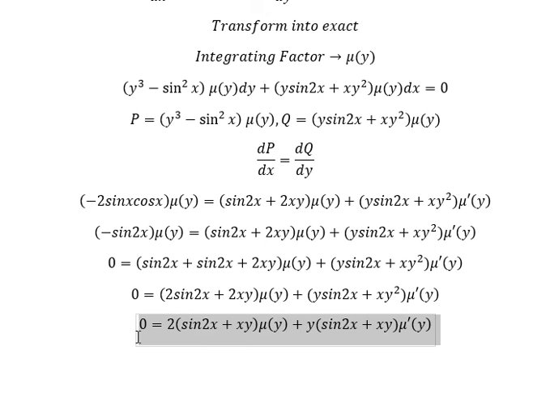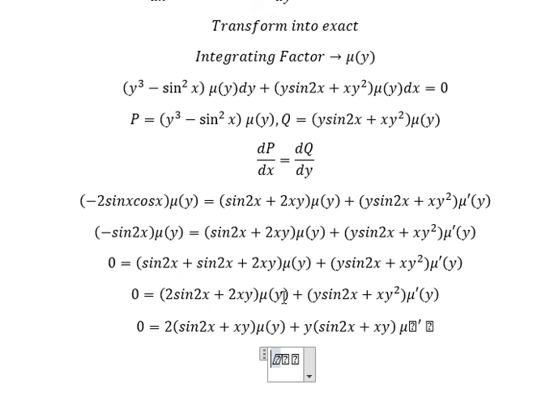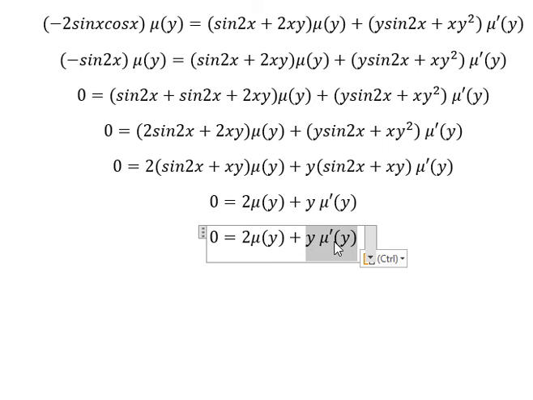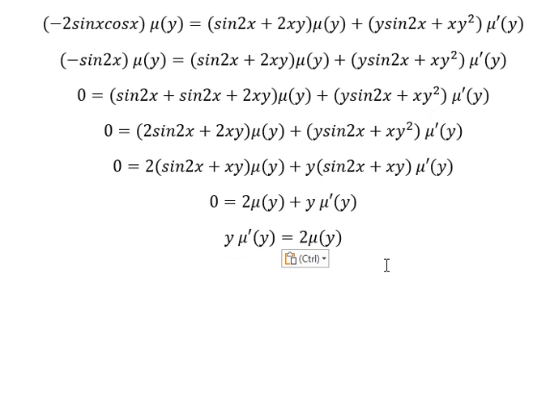So we divide both sides by sine 2x times y. And now we just have only this. So we have like this. Next, I will put this one to the left. Next, we divide both sides by y and mu of y.